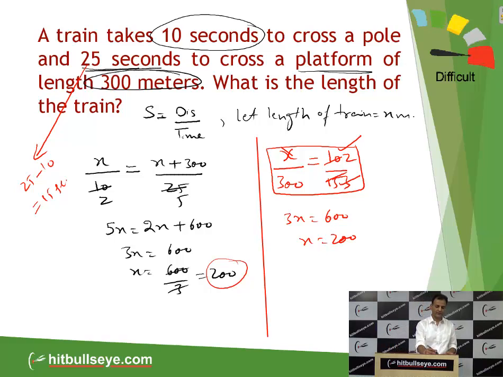Again I would like to repeat what I have done. The length of the train is x, the distance, the length of the train is x. This is the length of the platform.